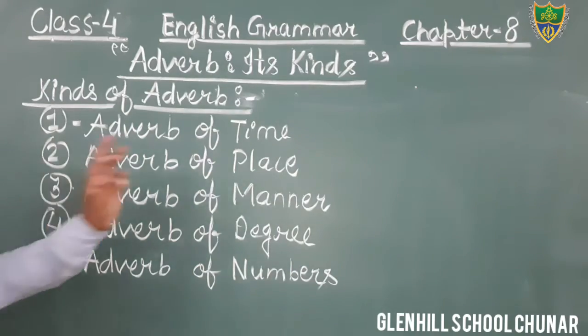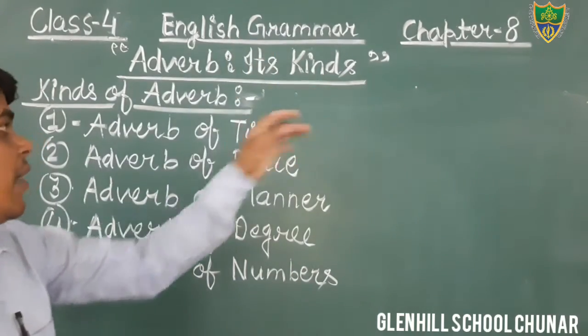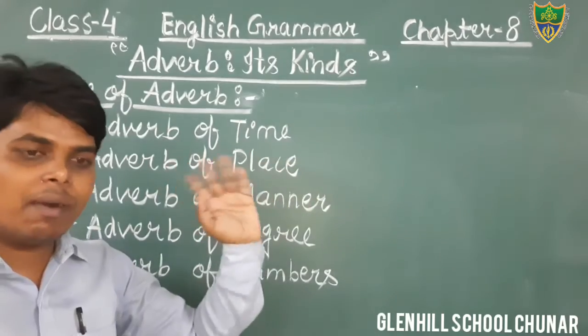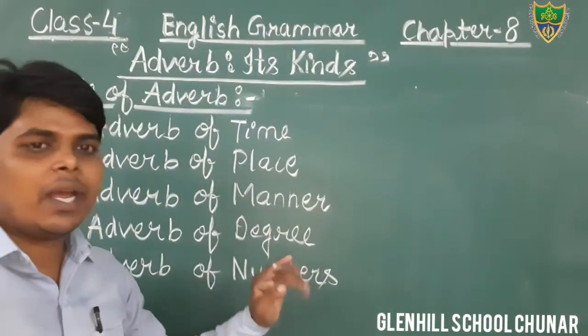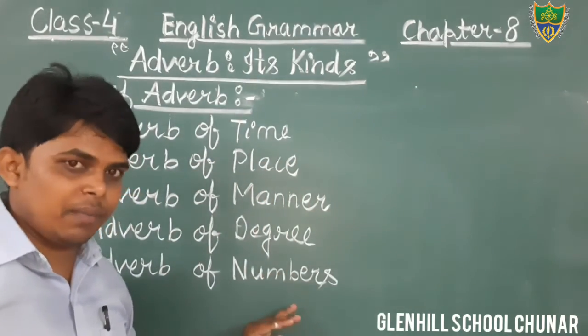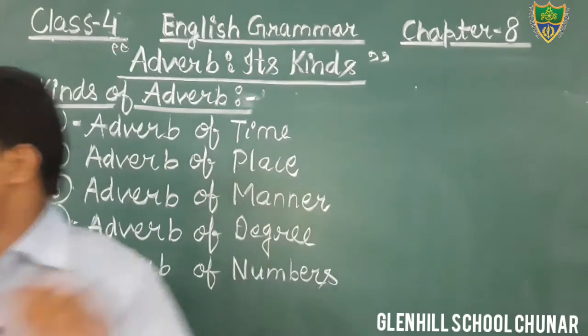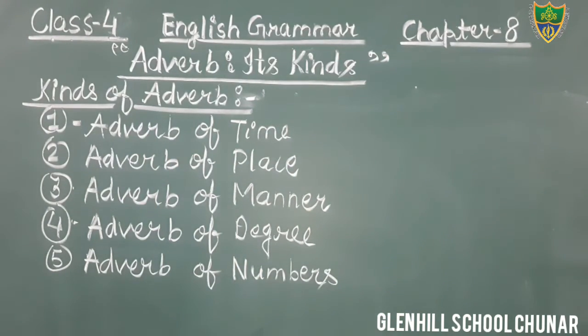These are the kinds given in your book: adverb of time, adverb of place, adverb of manner, adverb of degree, adverb of number. Students, these are the kinds that you have to read in detail. So now we will discuss one by one all these kinds of adverb. Write them in your notebook.